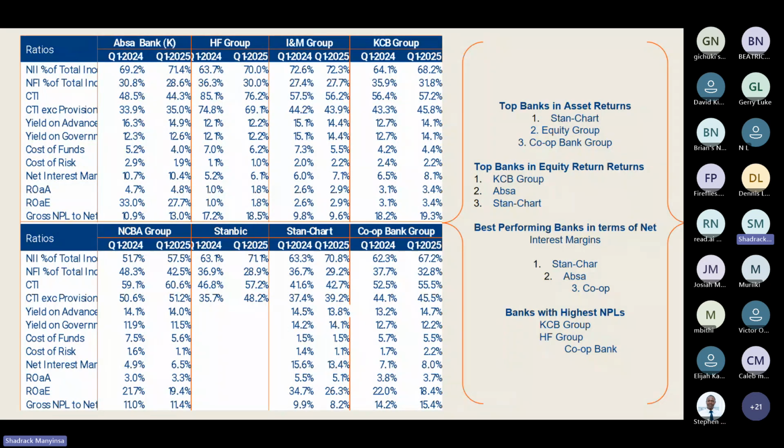And then in terms of return on assets, return on equity, nearly the same banks retained the same position, being of course Absa came first, because KCB came number one in terms of return on equity. And the return on equity, you look at net income, then of course you look at how much financing is from equity, that is shareholders' funds, how much the shareholders have invested.